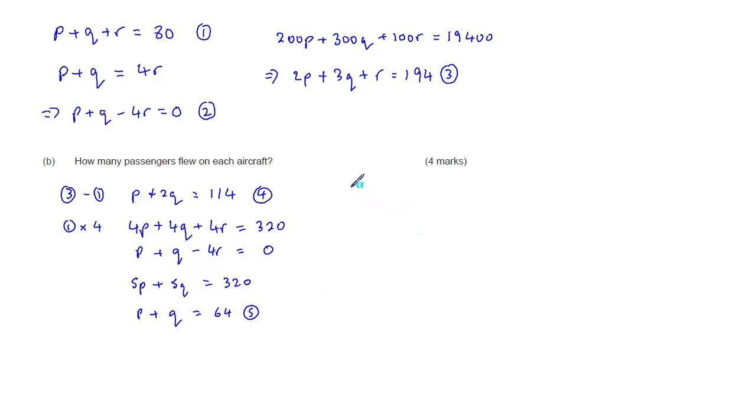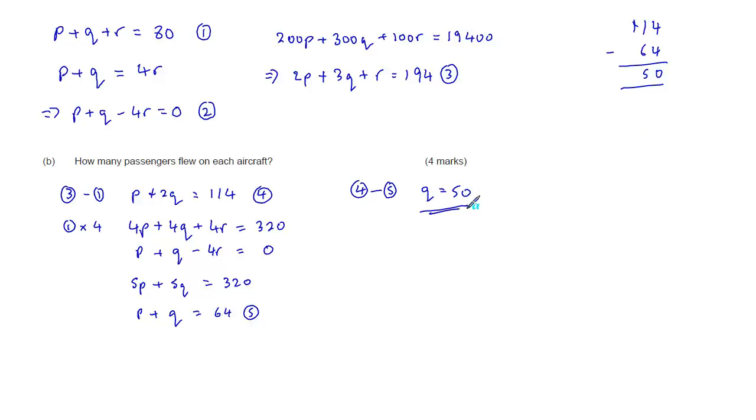Now if I do equation 4 take away equation 5, the P's disappear, I get left with a single Q, and I've got 114 take away 64. So that's going to be 0, need to borrow from here, 11 take away 6, so that's going to be 50.